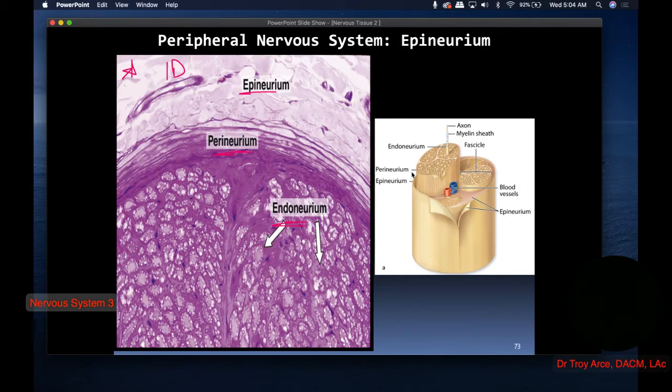So you're not going to have to ID again, just for your knowledge. Understand that there is an epineurium, a perineurium, and an endoneurium, and how they're organized. These are actually, again, part of your peripheral nervous system, and just understand how they're layered.